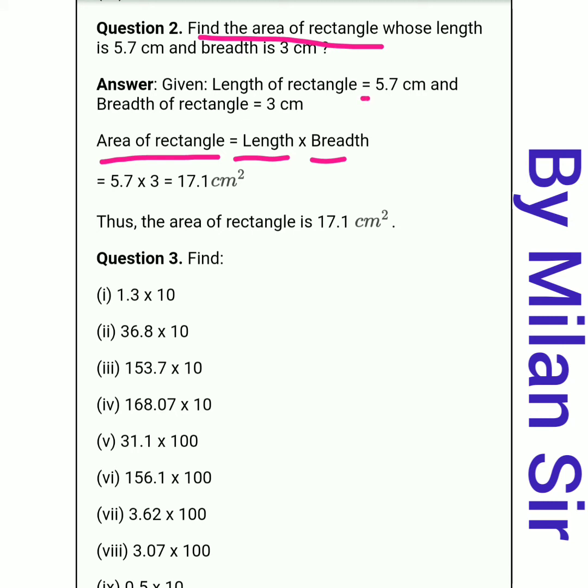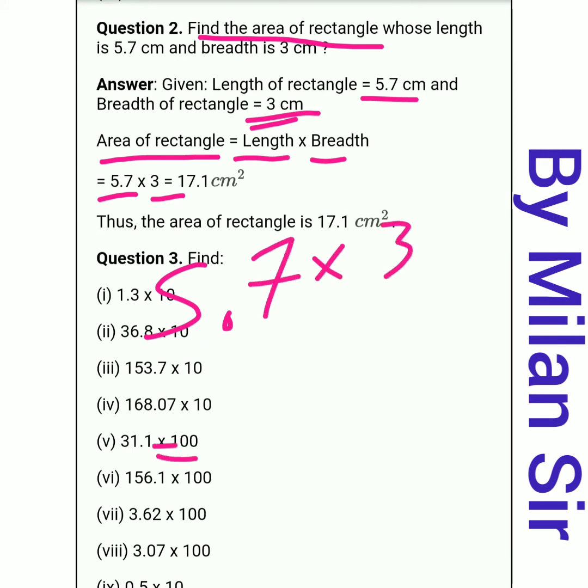Here length we know is 5.7, breadth we know is 3, so 5.7 multiply 3. Again here first of all ignore the decimal point and just do the multiplication process. So 7 threes are 21, 2 is remainder, 5 threes are 15 plus 2 is 17.